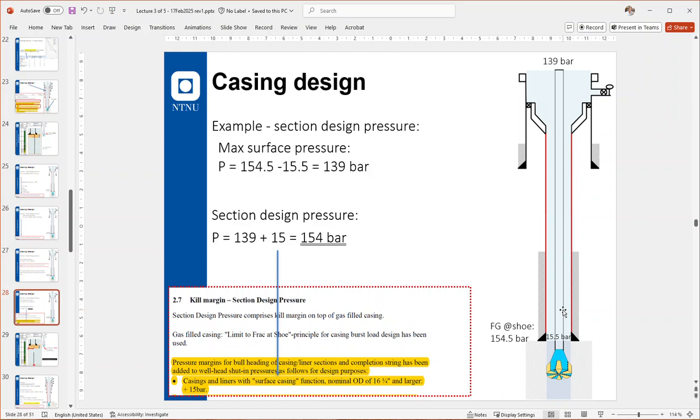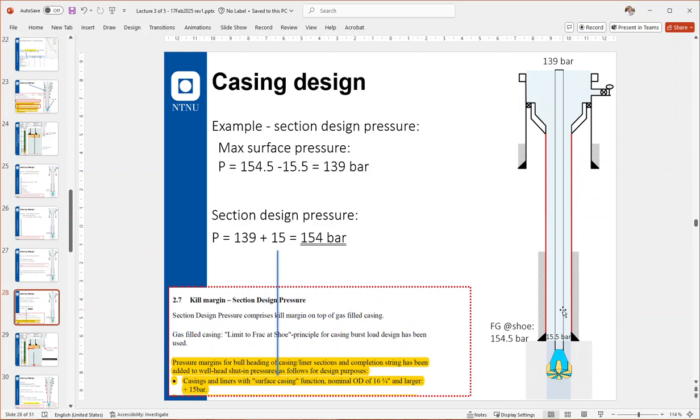If something happened and you didn't bump the plug and you waited for the cement, before you drill out of the shoe, you would do a pressure test to 139 bars. And to your knowledge, the company that provides the rig services, your drilling operator, they would ask you, what is our BOP test?